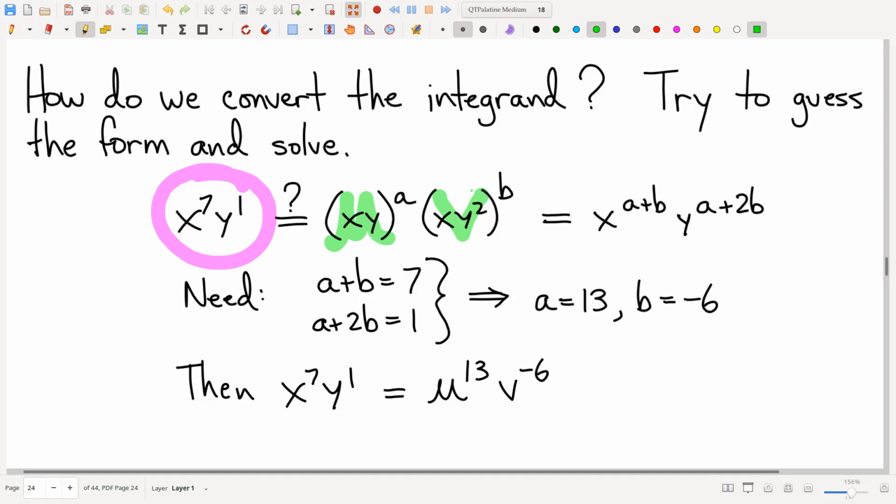I need to figure out how to write that in terms of u, which is a product of powers of x and y, and v, which is a product of powers of x and y. So the question is, what would I do to a couple of products of powers of x and y to produce a product of powers of x and y?